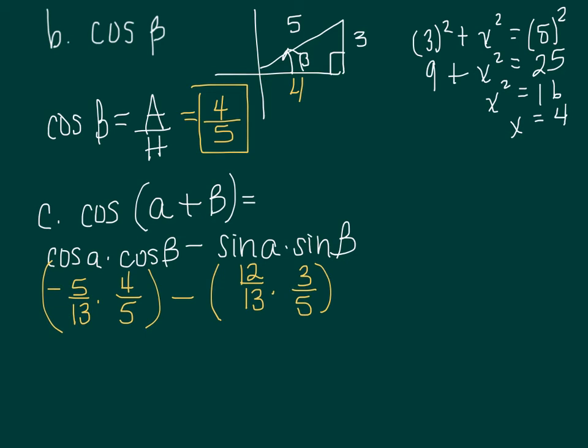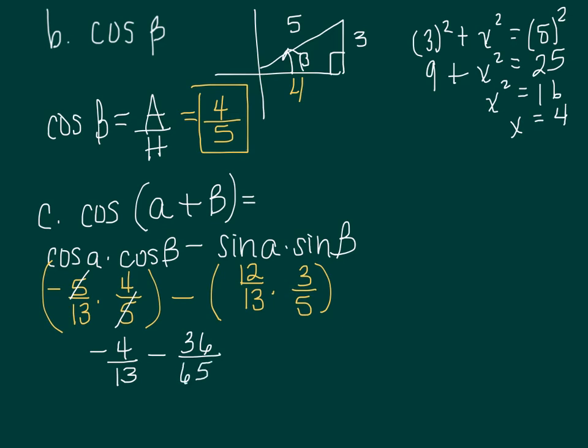Alright, then all you have to do is work this out. So you get, I'm just going to cross cancel, -4 over 13 minus, and that's 36 over 65.